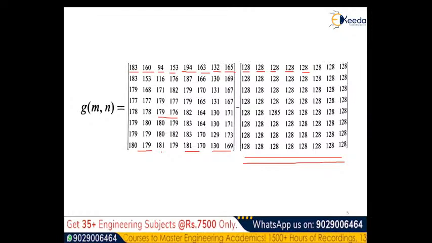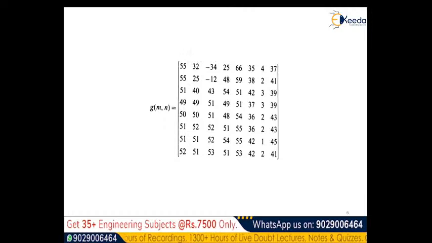When we have the subtraction of each and every element at these 64 places, we get the resultant level shifted image, denoted as g of m comma n, and here we arrange the resultant values after the subtraction. The differences have been found, and in the first row we have the values 55, 32, minus 34, 25, 66, 35, 4, 37.